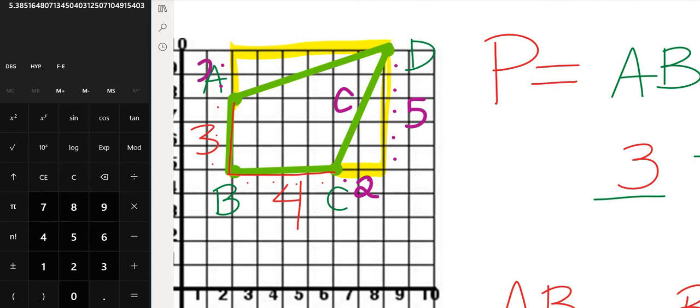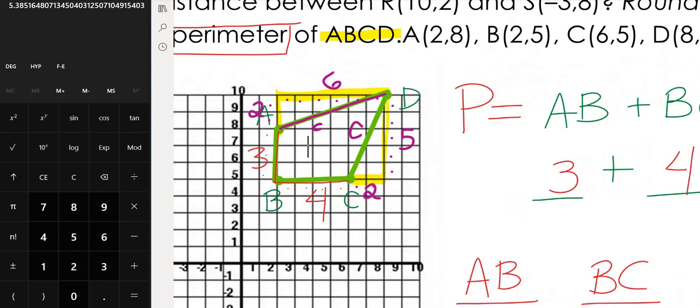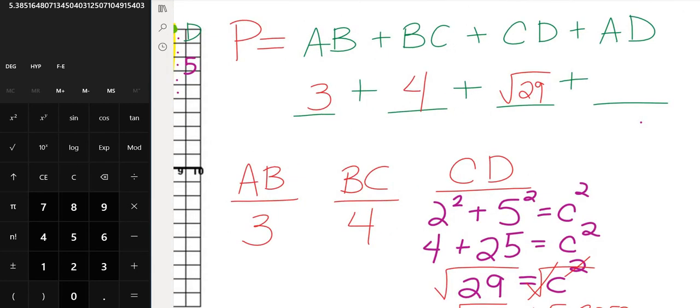Two boxes, so 2 for the vertical length. 1, 2, 3, 4, 5, 6 boxes for the horizontal. So I'm going to use 2 and 6 to figure out the length of AD, which is like my C value.